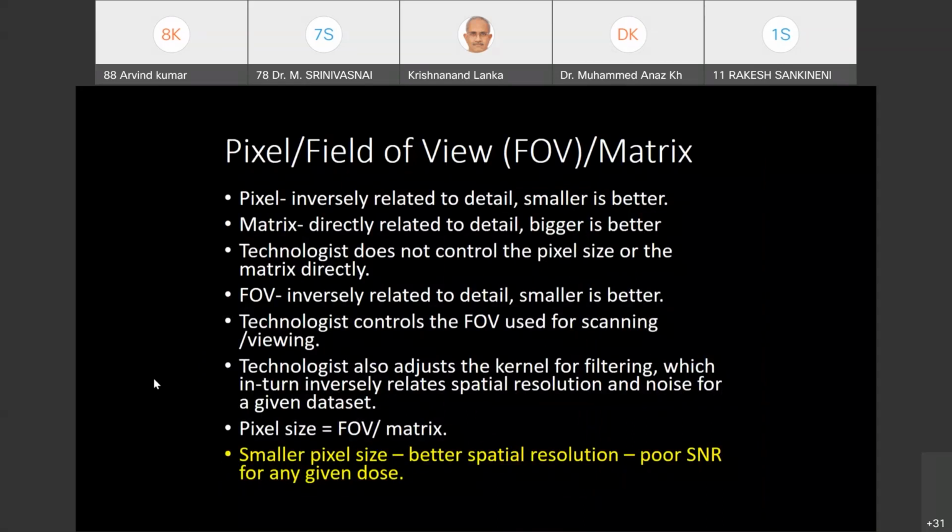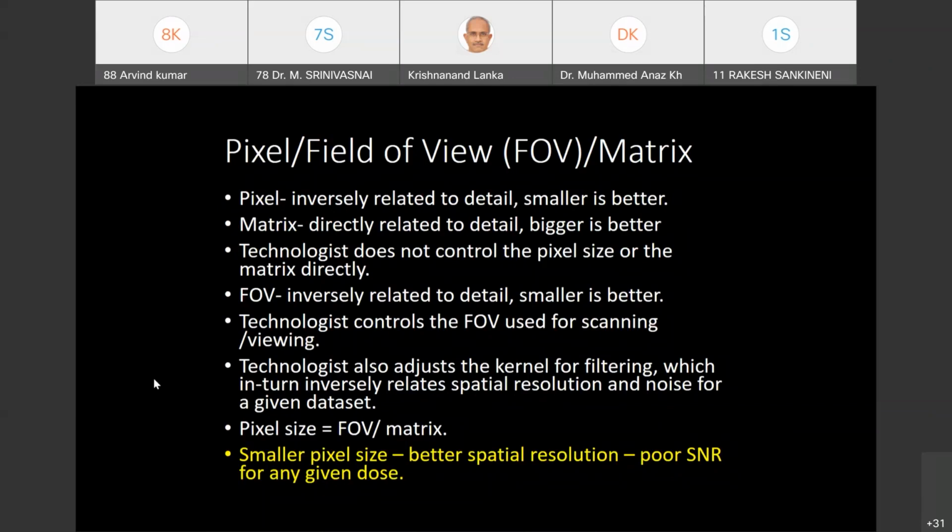So matrix, see, whenever we purchase mobile phones, we want say a 16 megapixel camera or a 32 megapixel camera.